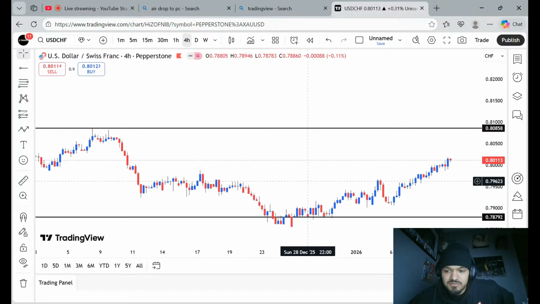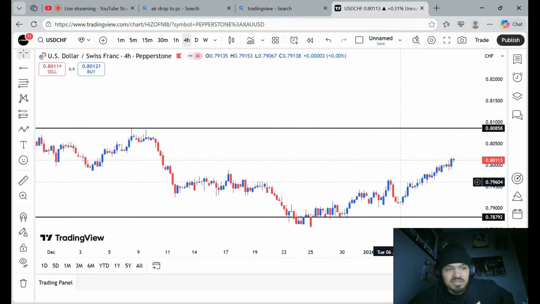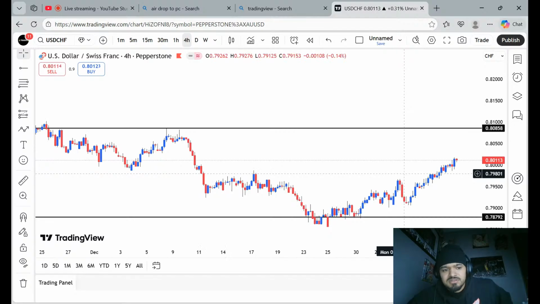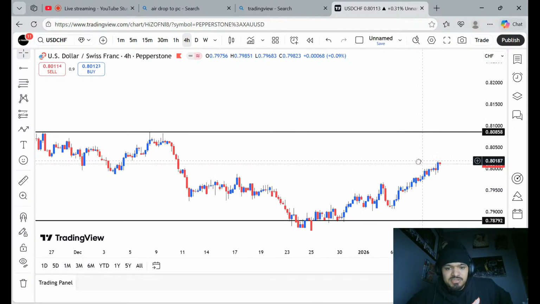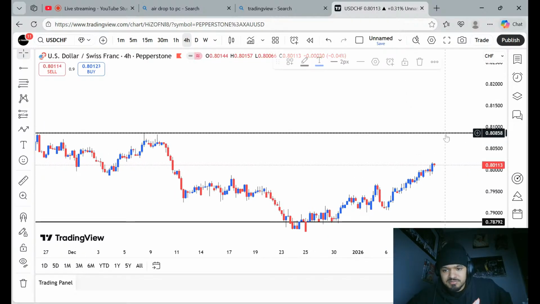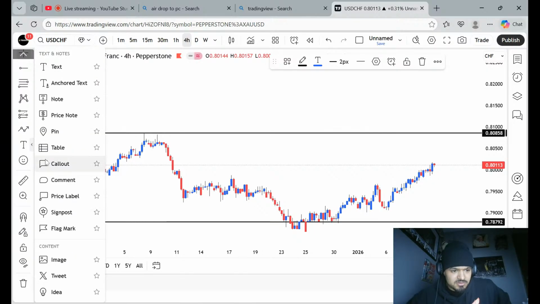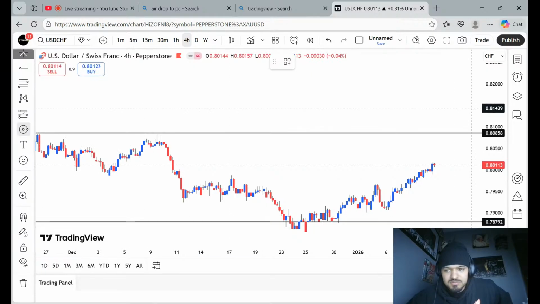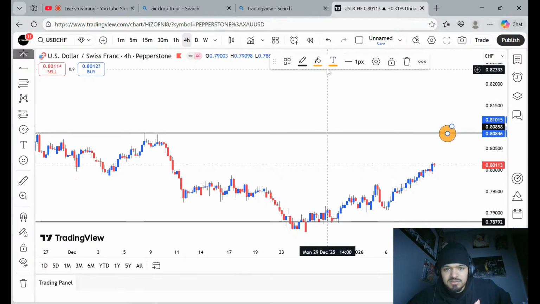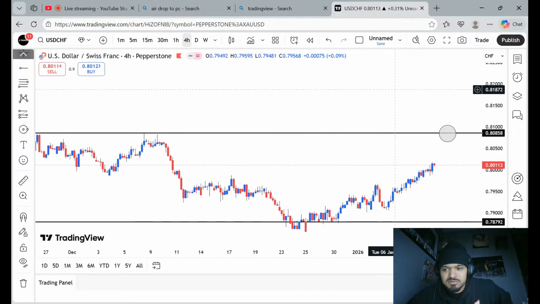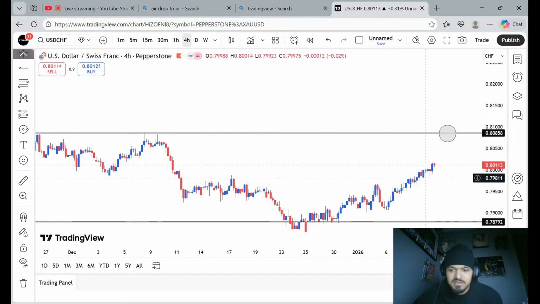So if anybody's trading USD/CHF, your next point is probably going to be this one right here. I don't like that color. Right there. So probably wait for a pullback maybe, or we'll see how it opens.